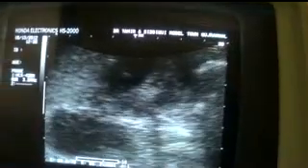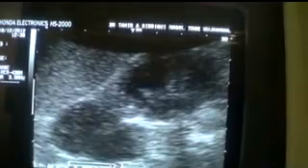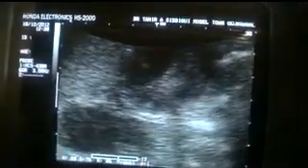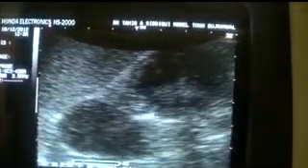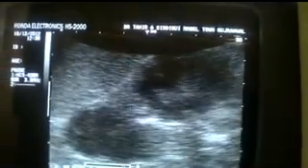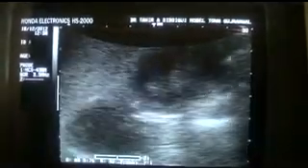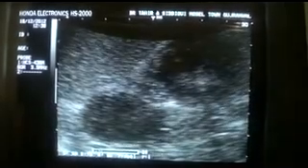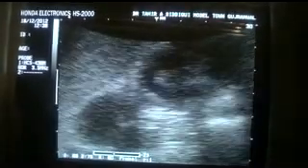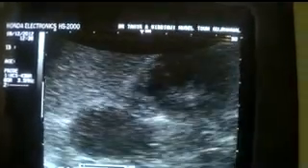I am giving the differential because I do not have any lab profile with me or any other imaging facility provided to me for the performance of this ultrasound. So when you are performing an ultrasound without lab or other investigative procedures, then you have to rely on your differentials and the findings that you see during the ultrasound. Thank you very much.